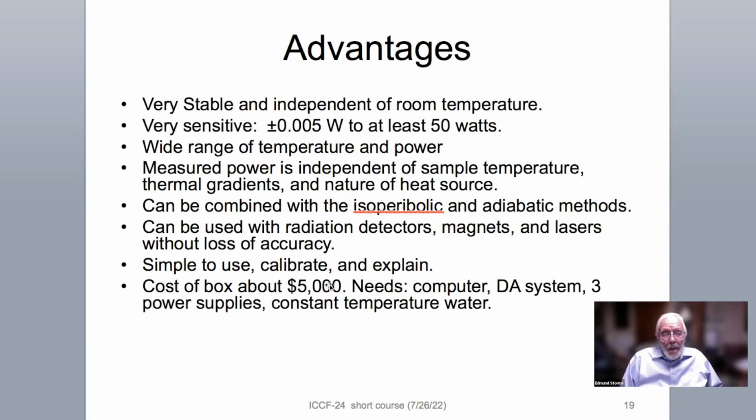One of my cells can measure the effective temperature up to 500 degrees. And there's actually really no limit if suitable designs are made. The measured power is independent of the sample temperature, temperature gradients, and the nature of the heat source. So you don't have to argue with anybody about the uncertainty of the various temperatures.